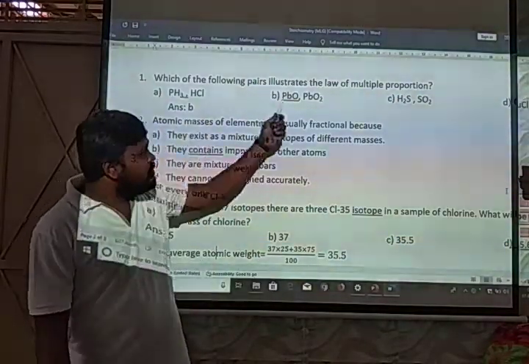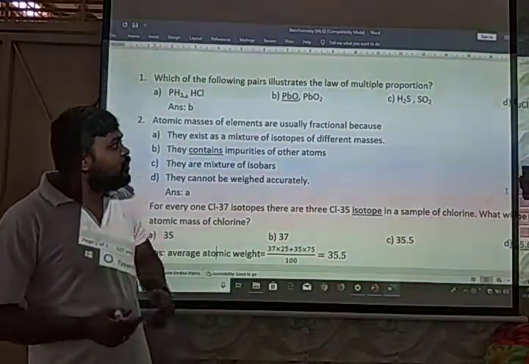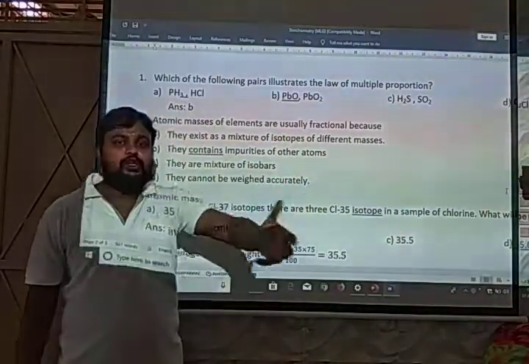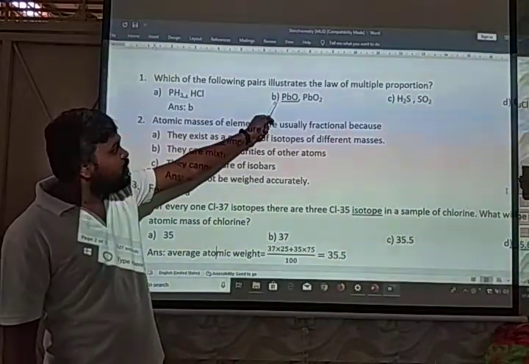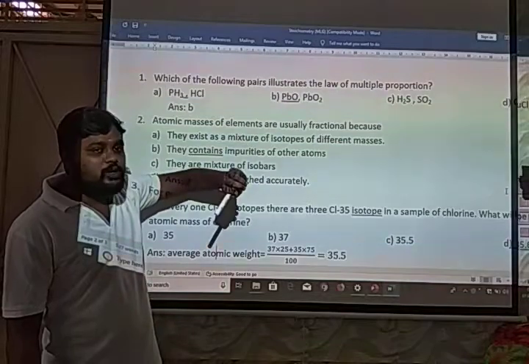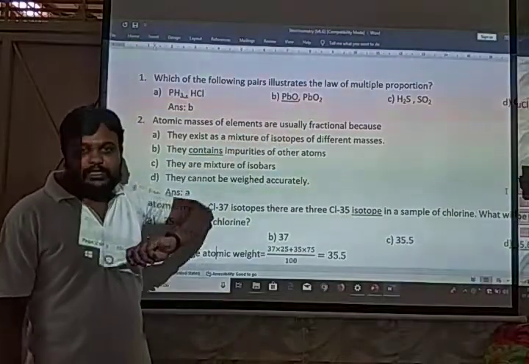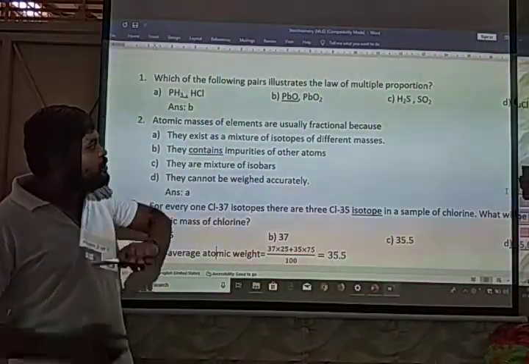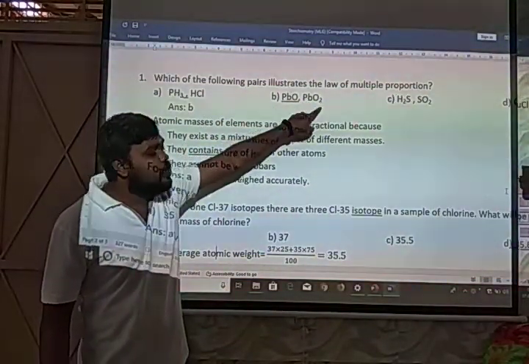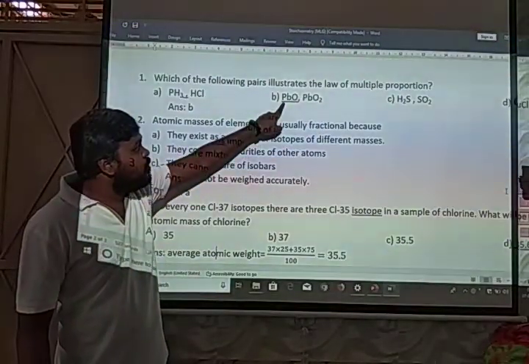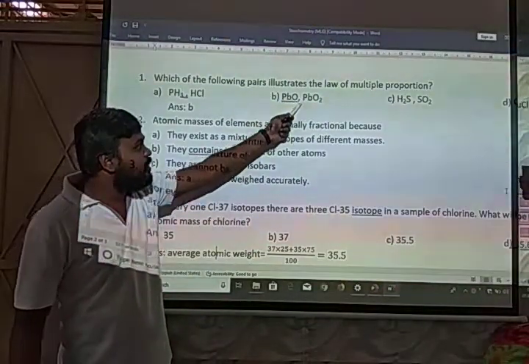Among the following pairs, they have given two compounds in all the options. Where you are going to see this multiple proportion is what you have to look for. The answer here is option B. In the second option, there are two elements, lead and oxygen, combining to give two compounds. The first compound is PbO, lead oxide, and the other is also a lead oxide, but lead remains constant while oxygen varies in a ratio of 1:2.